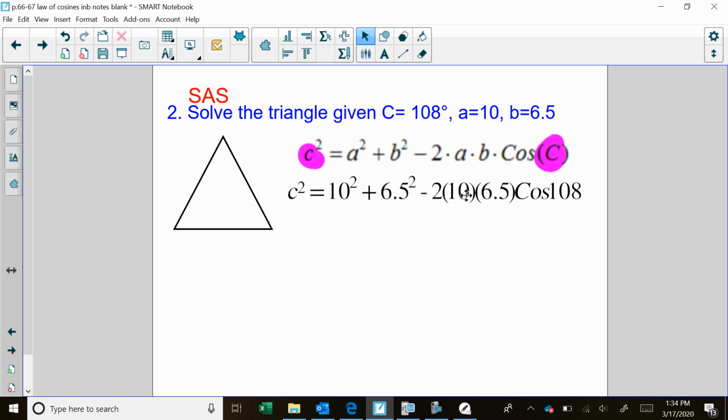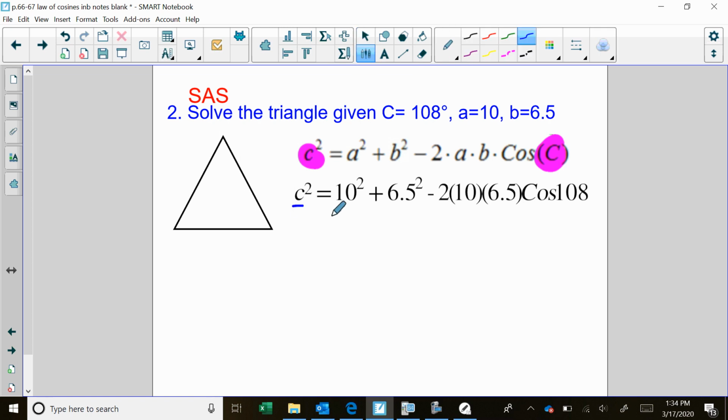So this is what the equation looks like after we insert all of our information. Now, what's nice about this? The variable is over here by itself, and all of this can be calculated with one typing into the calculator. You can put all of that in the calculator at one time.